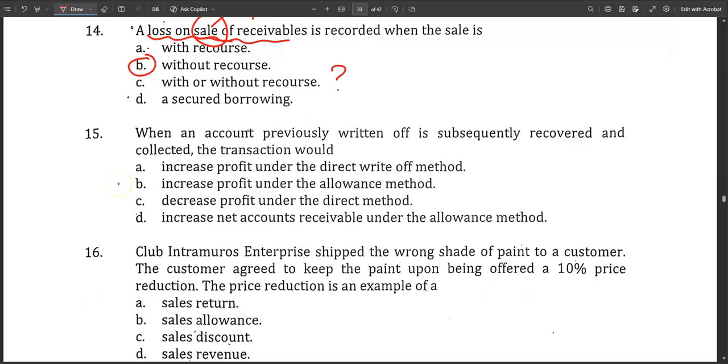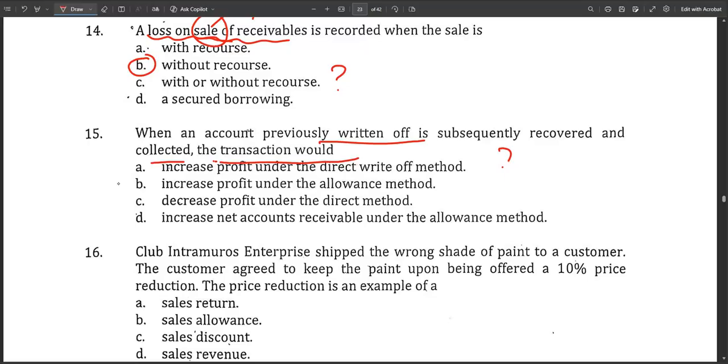Now let's move to number 15. When an account previously written off is subsequently recovered and collected, the transaction would be. That would be a question of whether it is the allowance method or the direct write-off method.